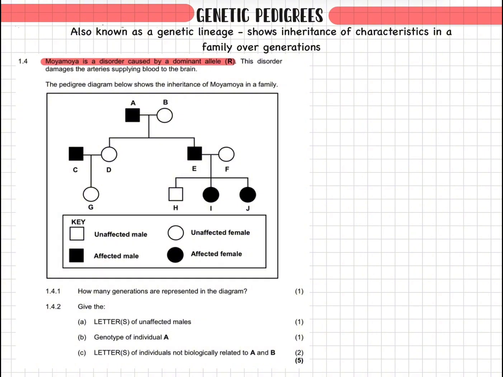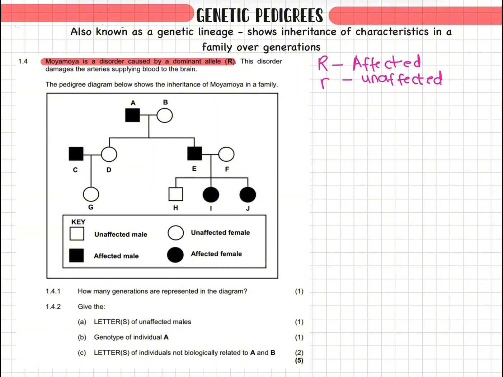The first thing we can do is just write down the dominant and the recessive allele. Capital letter R, which is the dominant allele, is an affected male or female, and then the small letter r will be the recessive allele and an unaffected person.